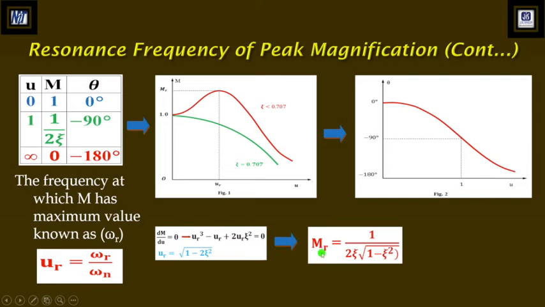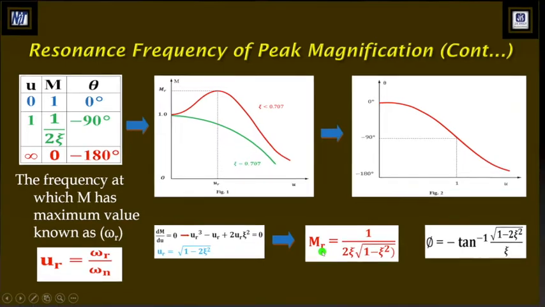Putting this value in the magnitude, we get this magnitude equation. Then this is the phase angle when Ur is put equal to this value. This Mr is called the resonant peak.